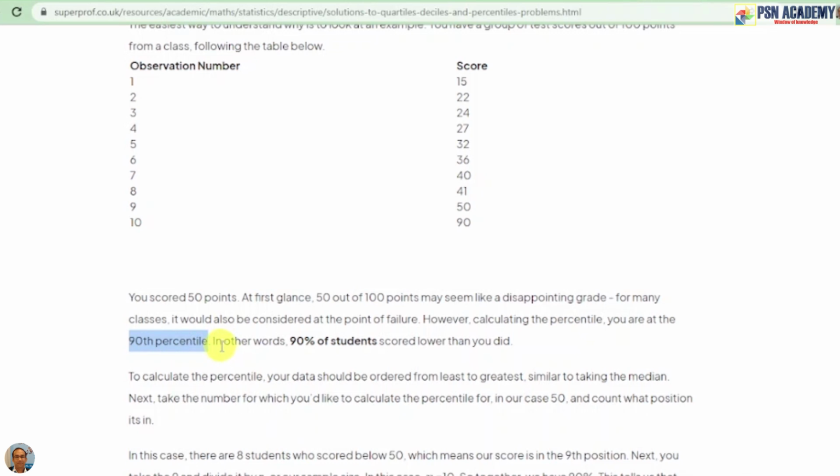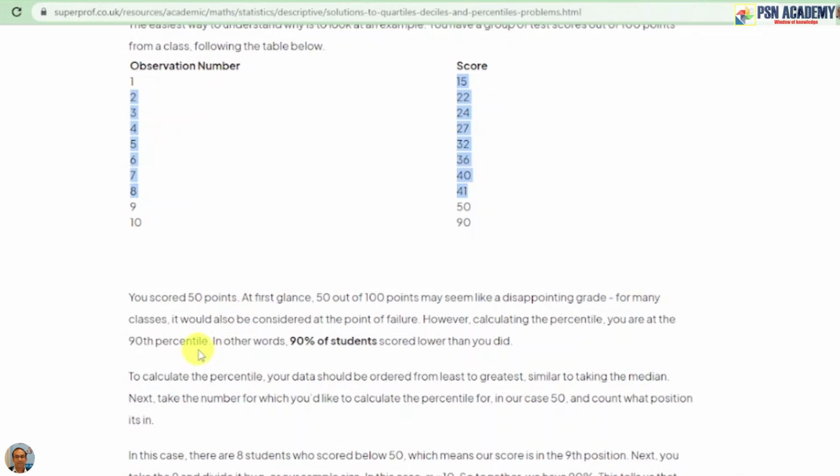But the meaning of the 90th percentile is that 90% of the scores must be below 50. Here, they are claiming that the 90th percentile is the proper location of this score 50. Actually, 80% of the scores here are below 50, right?